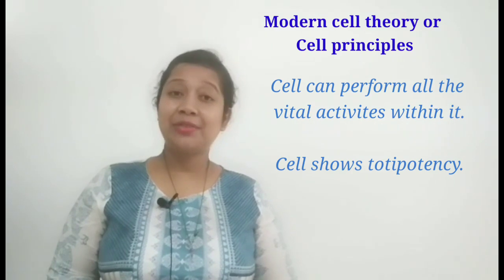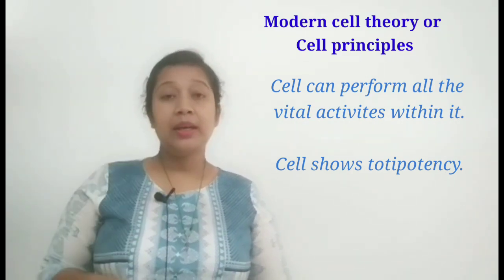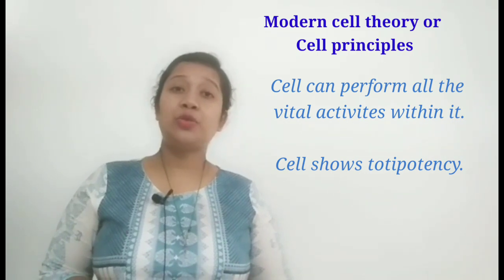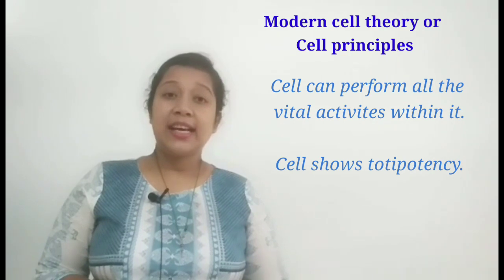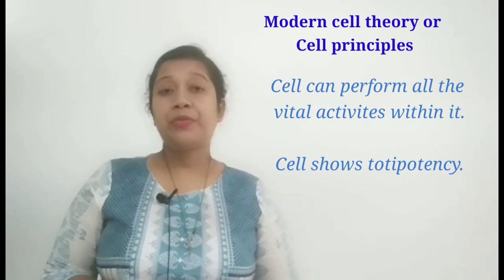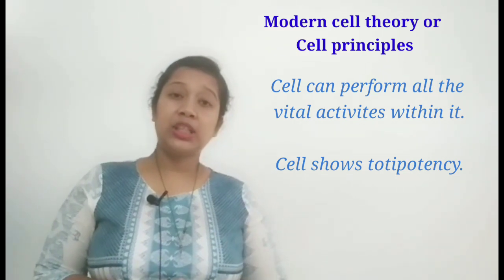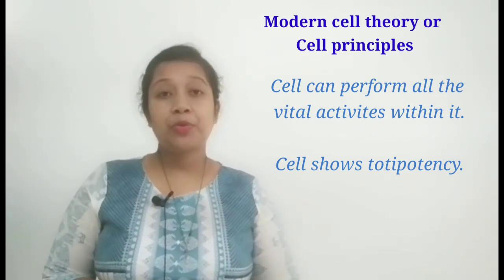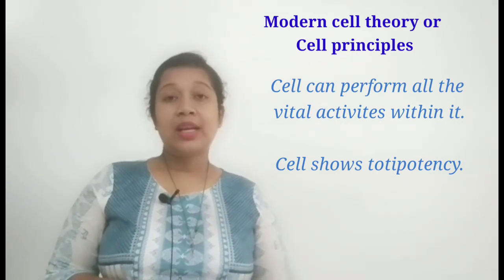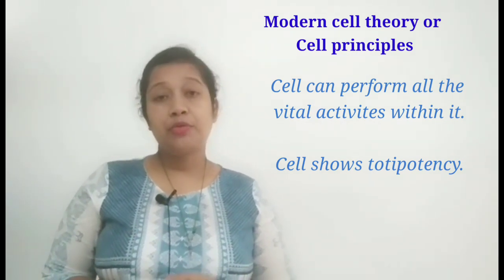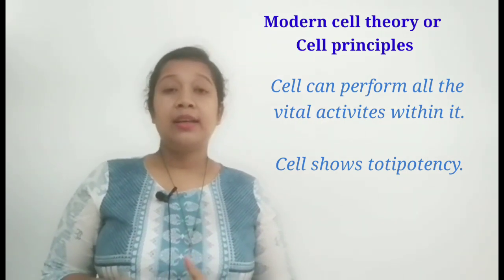That means it can regenerate itself into a cell again. Then a cell stores the genetic material. Apart from the functions that it does for a living body, the cell is also responsible for reproduction, which we call the gametes, for heredity, and for diseases.